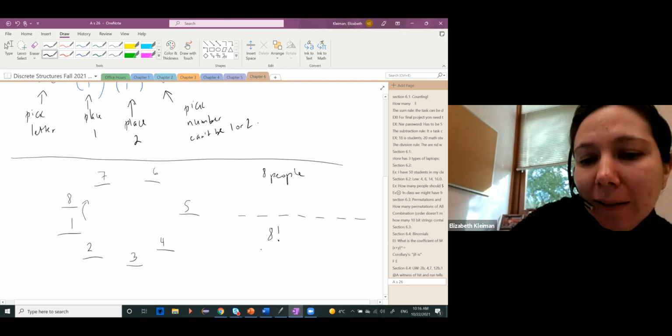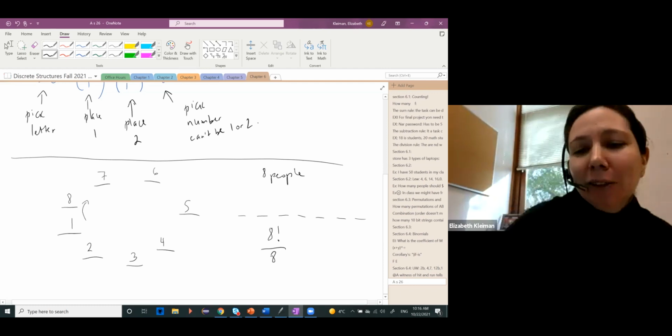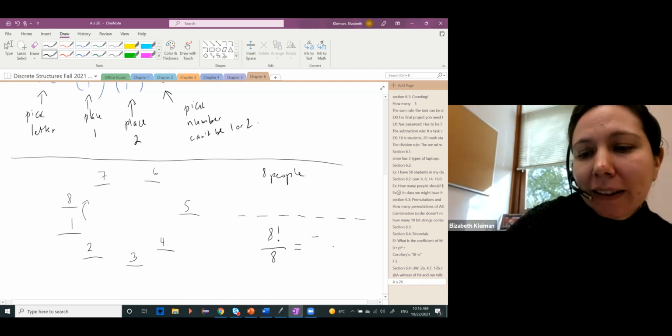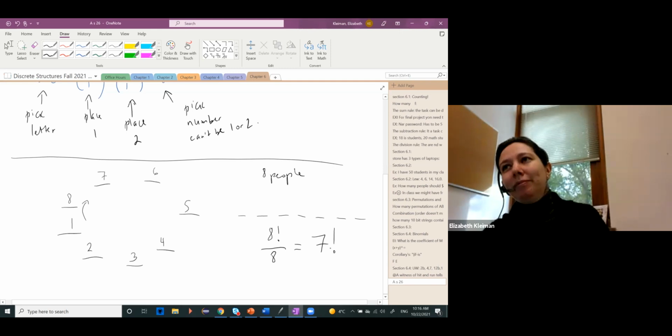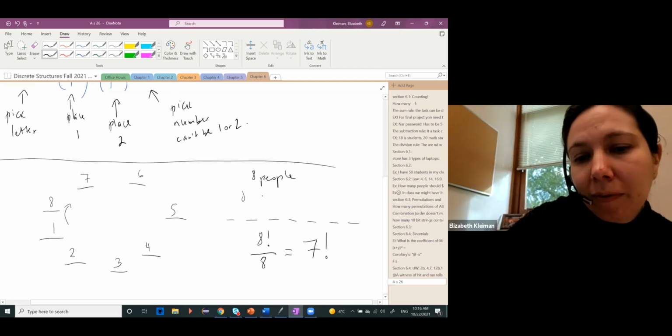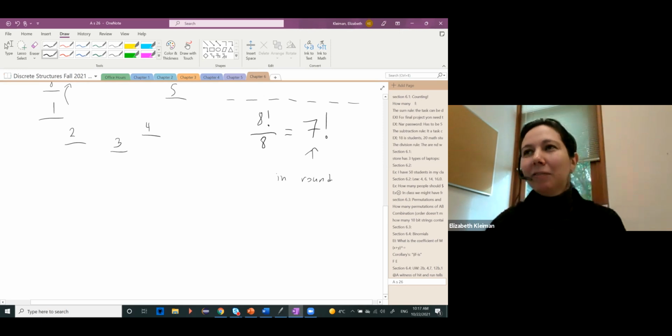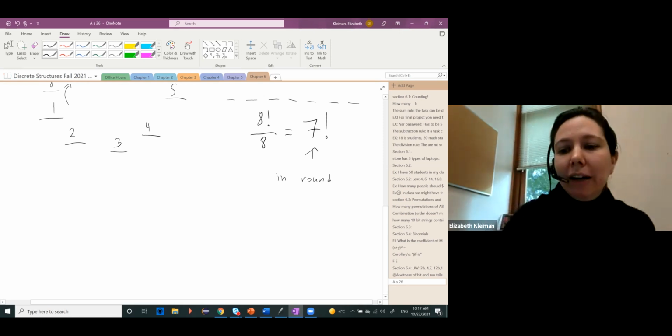So I must divide by it, because every 8 combinations are bad. So the correct answer is 7 factorial. This is your correct answer. Okay, great.